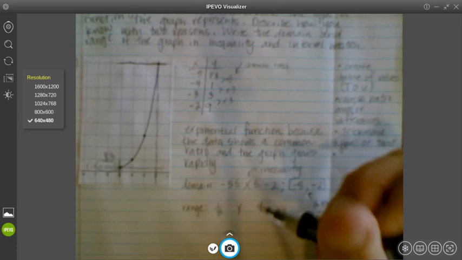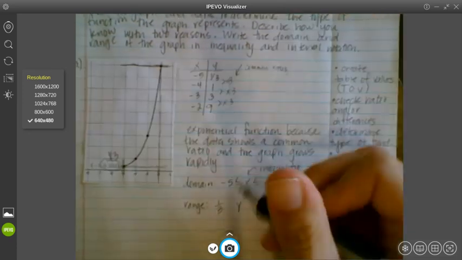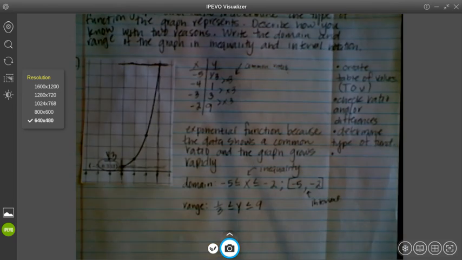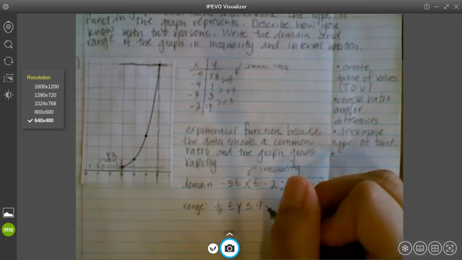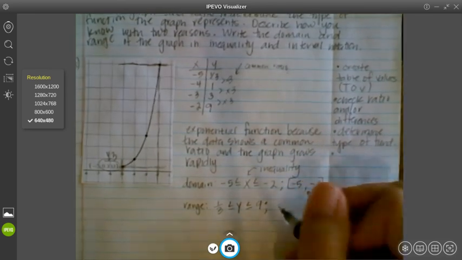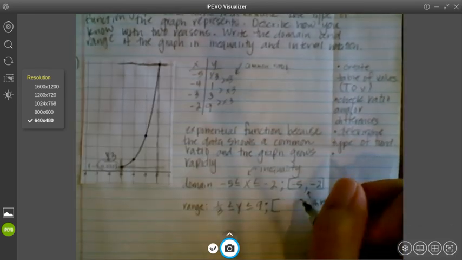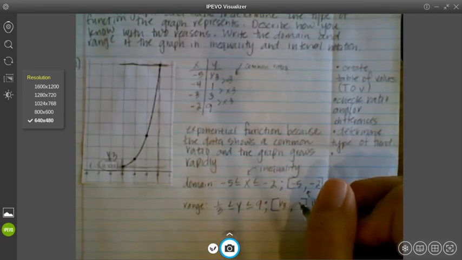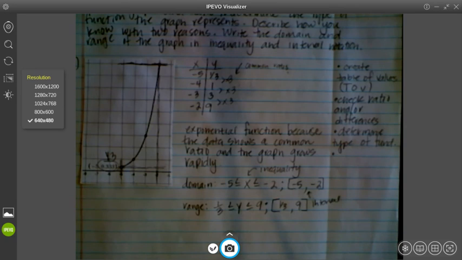And our y value goes from 1/3 to +9, and it's everywhere in between. So 1/3 is less than or equal to y, which is less than or equal to 9. Then we want to take that and do the same thing in interval notation. We use those brackets. We have our lowest value all the way up to our highest value. And that is our range in interval notation.